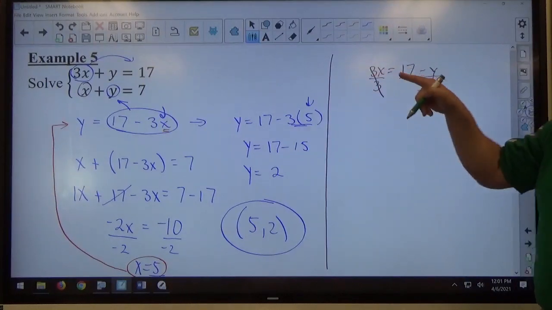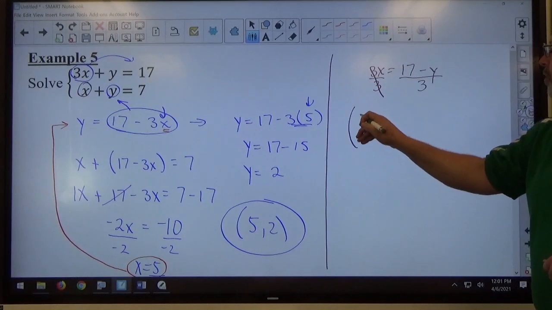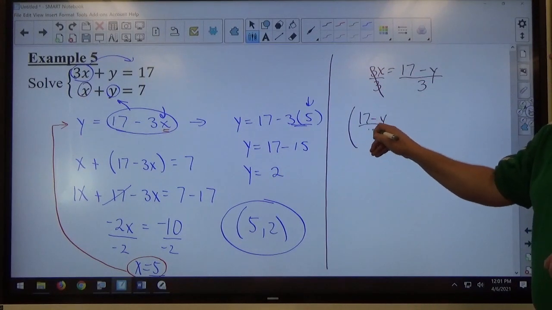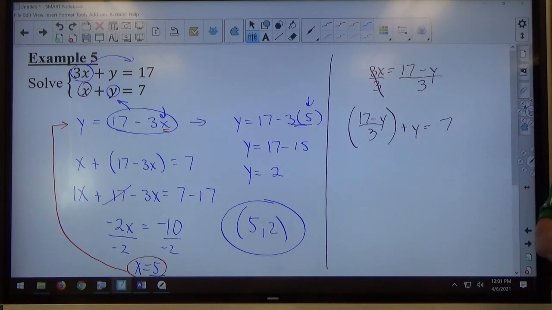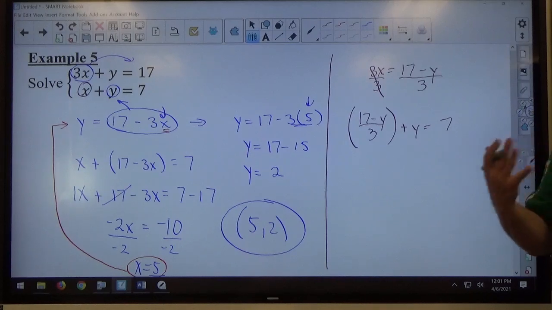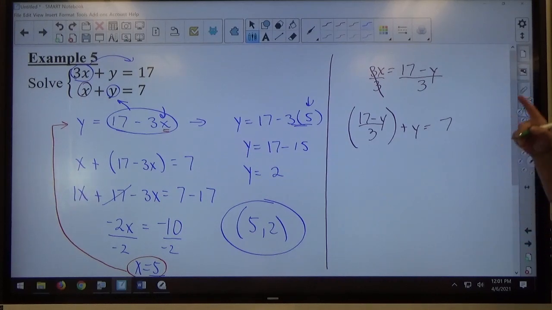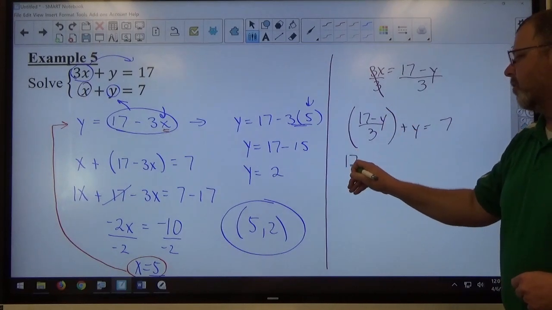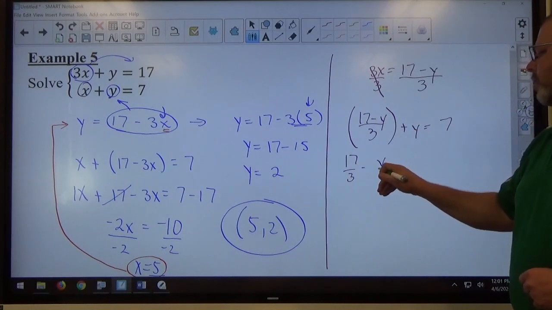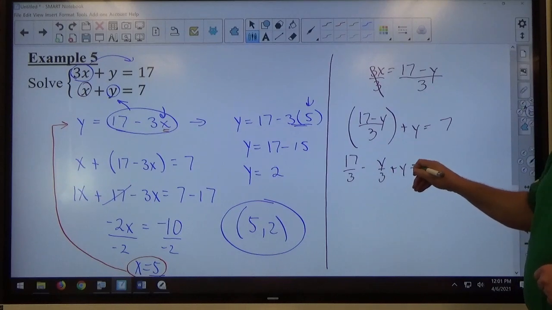So it says x plus y equals 7. I change it into 17 minus y over 3 plus y equals 7. Still substituted it, still legally did everything I'm supposed to do, right? At this point, I'd probably break that fraction apart, so all of a sudden I've got 17 over 3 minus y over 3 plus y equals 7.